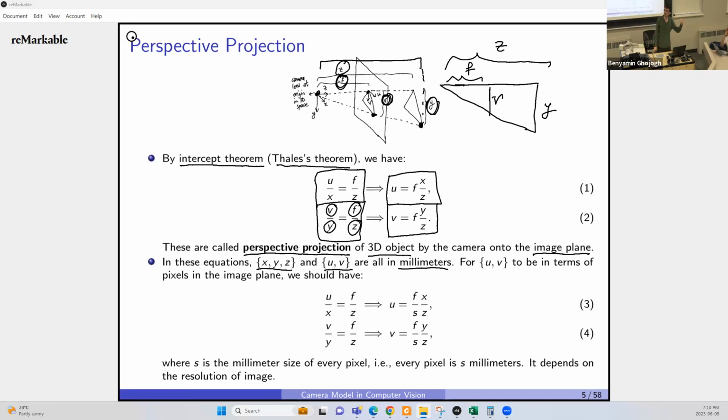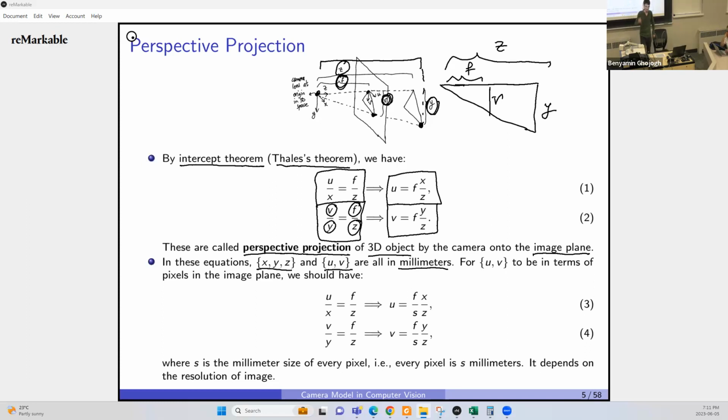If it is time squared, it should be time squared. If it is time over meter, it will be time over meter. That's why here I didn't change the dimension. Therefore, we know that X, Y, Z are in millimeters in 3D, so U and V must be in millimeters.